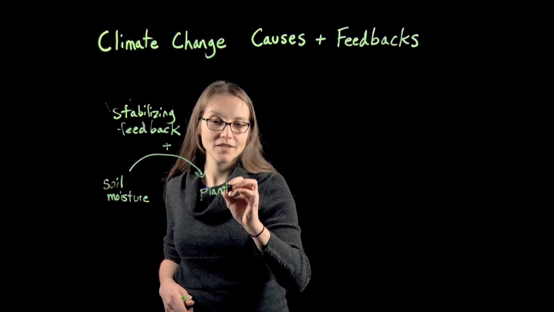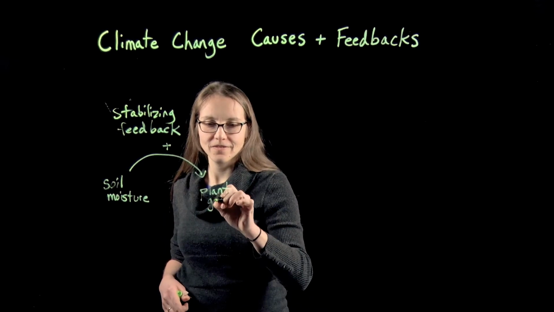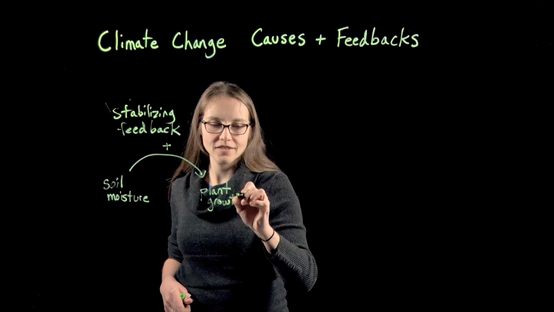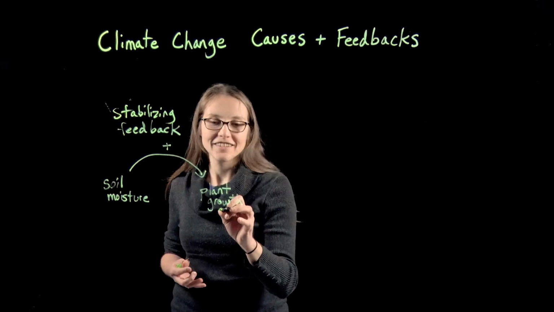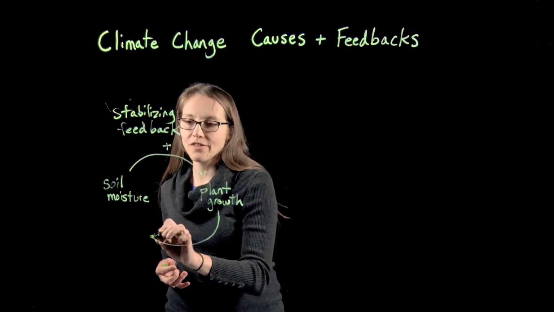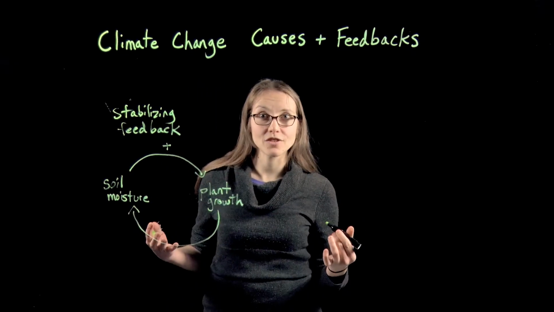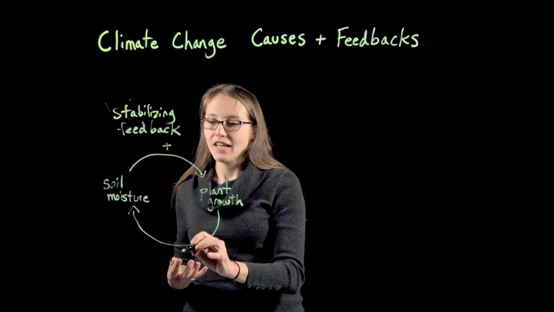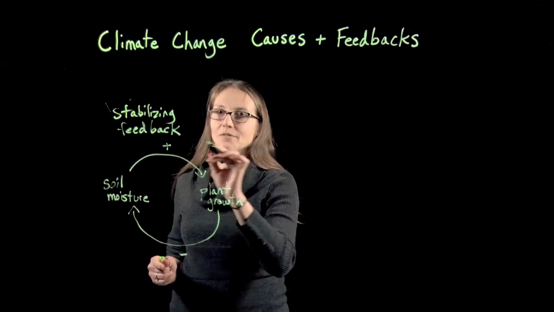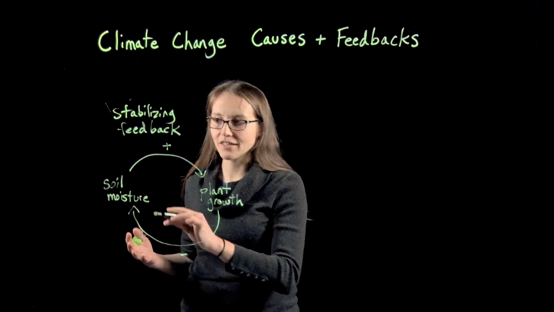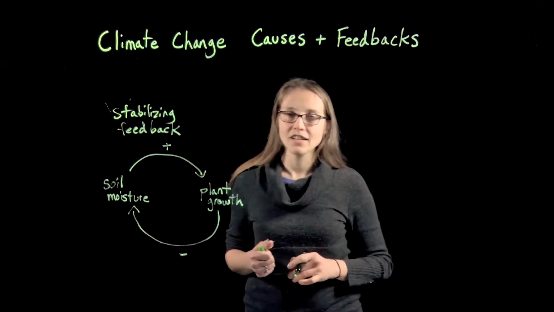So we know that plants need water to grow, but not too much water, right? And then if the plants start to grow, then the more plants there are, the more soil moisture they're using for their growth. And so that can decrease the soil moisture the more plants that grow. And we've got a nice stabilizing effect where soil moisture and plant growth are kind of balancing each other out.